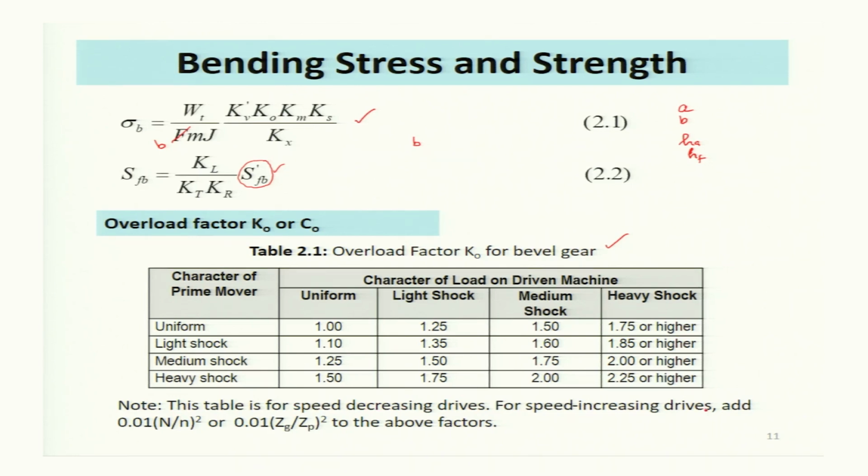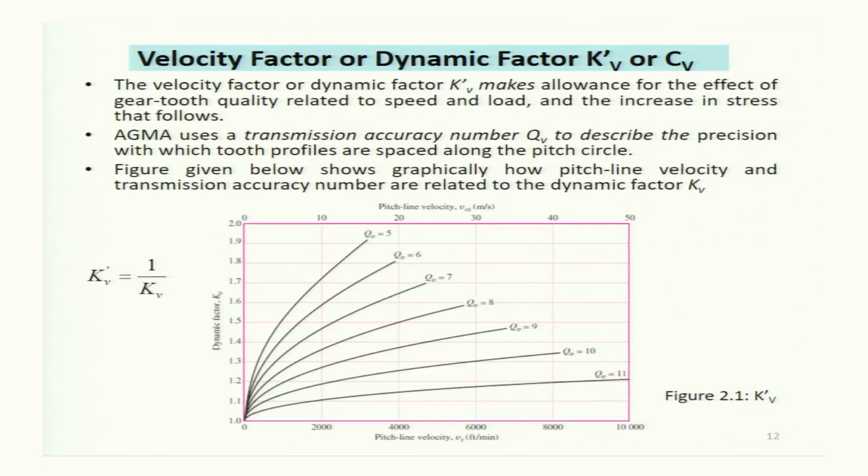For speed increasing drives, add 0.01 capital N divided by small n, where capital N is the RPM of the gear and small n is the RPM of the pinion squared, or 0.01 ZG divided by ZP, the number of teeth on the gear divided by the number of teeth on the pinion squared, to the above factors. Then the velocity factor or the dynamic factor Kv dash for the case of bending, and the same is Cv for the surface fatigue.